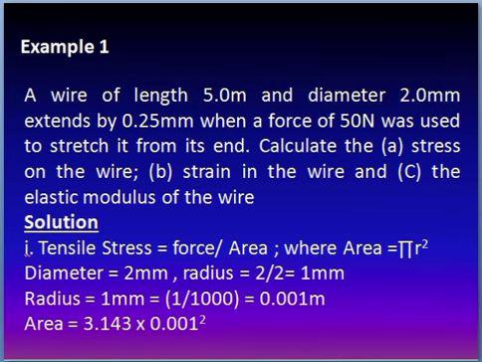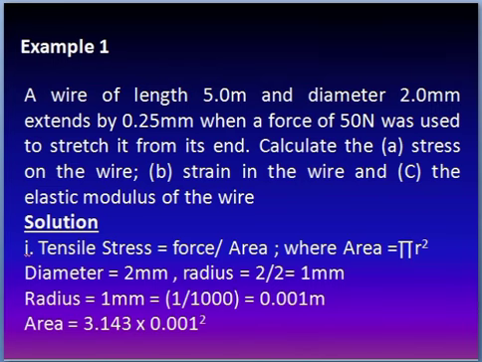From the question we are given the diameter as 2 millimeter, and half of the diameter is our radius. So we divide the diameter by 2 to get our radius as 1 millimeter. We have to convert our radius to meter by dividing it by 1000.